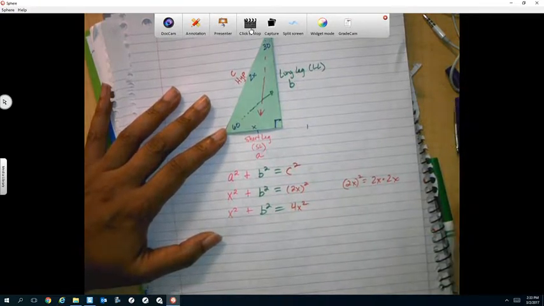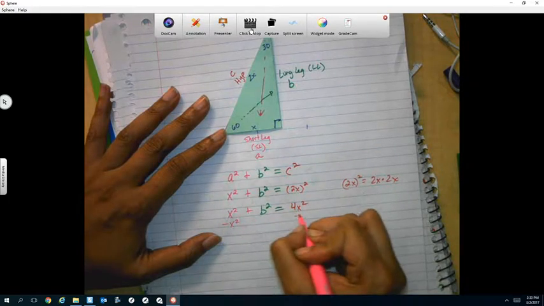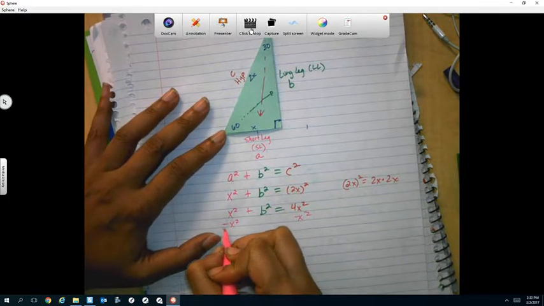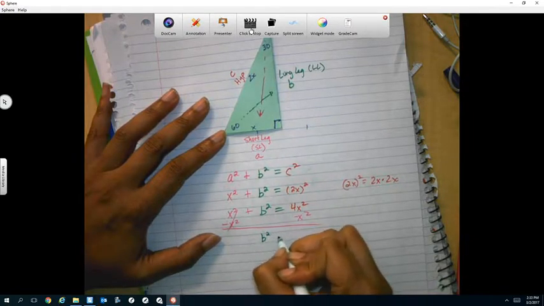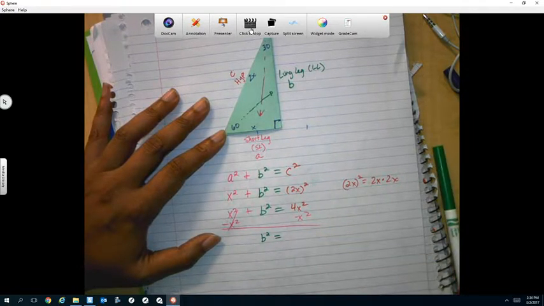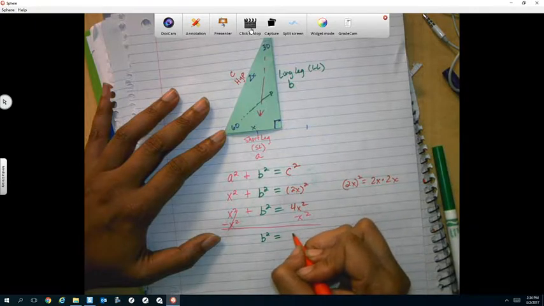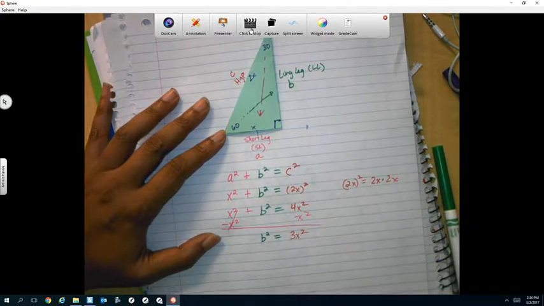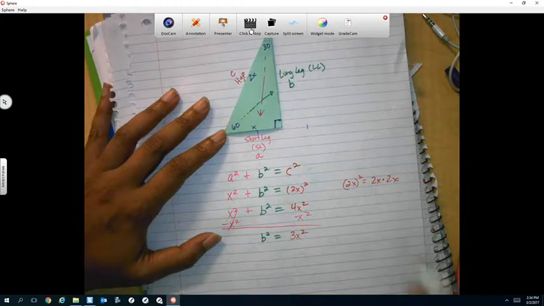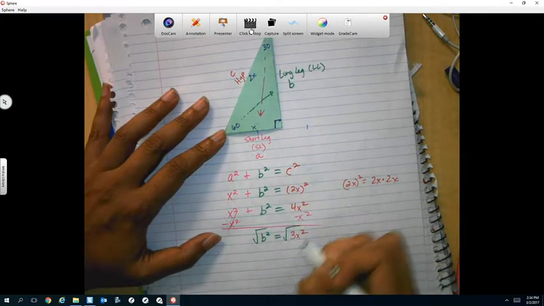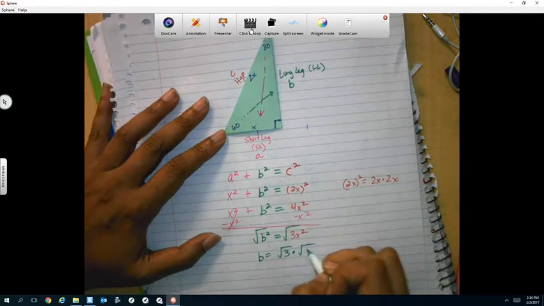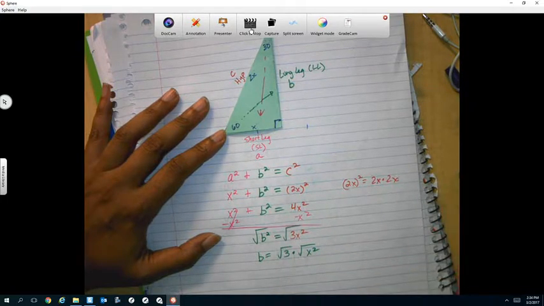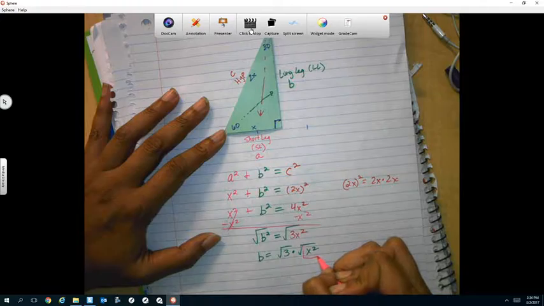And we're going to solve for b. So we're going to isolate the b squared by subtracting x squared from both sides. And then our b squared is equal to 3x squared. And so to solve for b, we're going to take the square root of both sides, which means b is equal to the square root of 3 times the square root of x squared. And we recognize this is a perfect square.